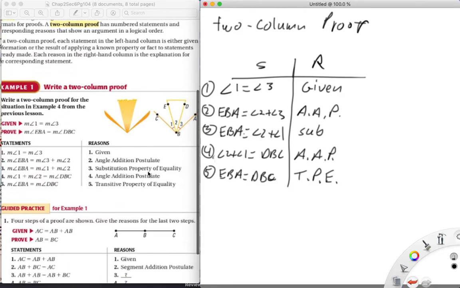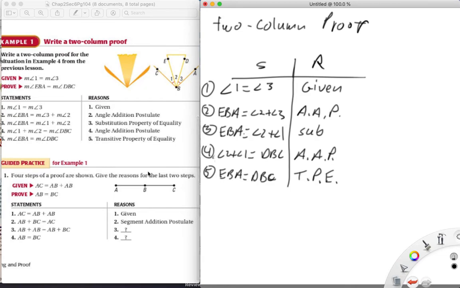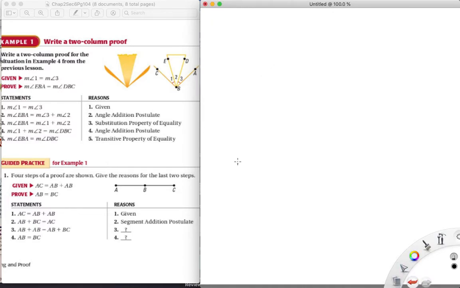Another proof they give is where they want you to give the reasoning for this situation.